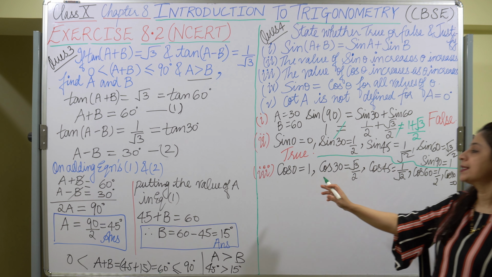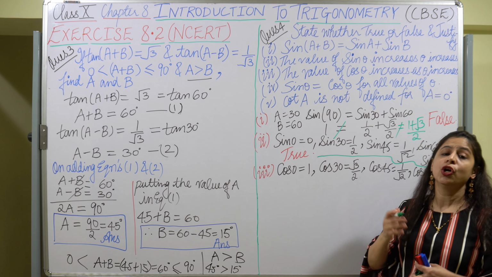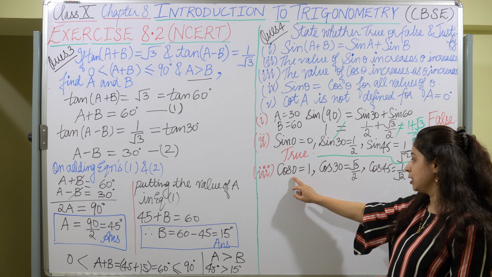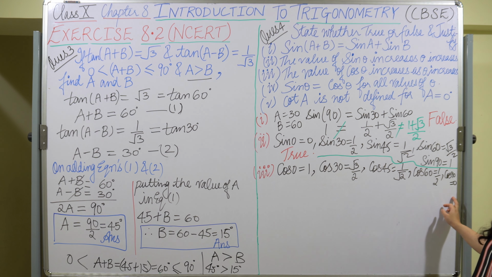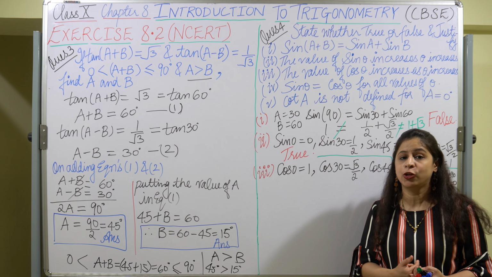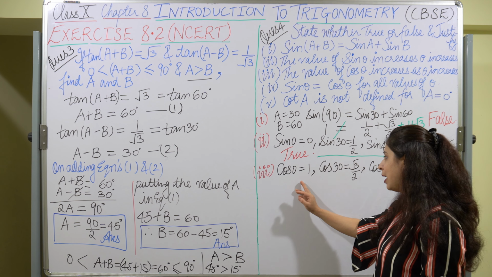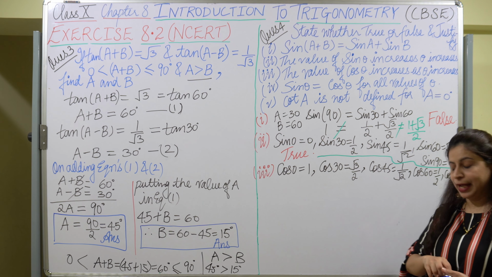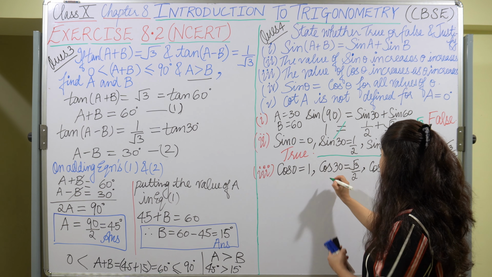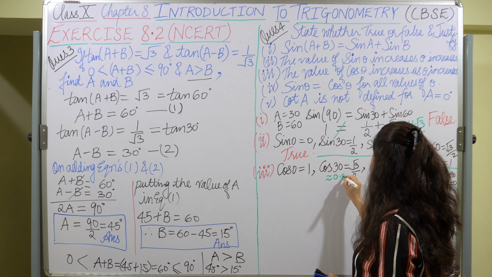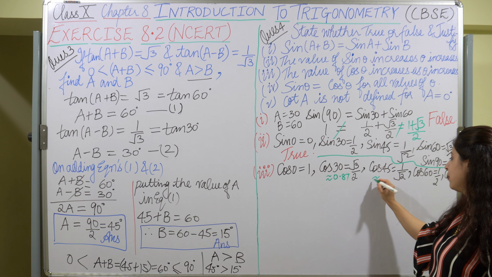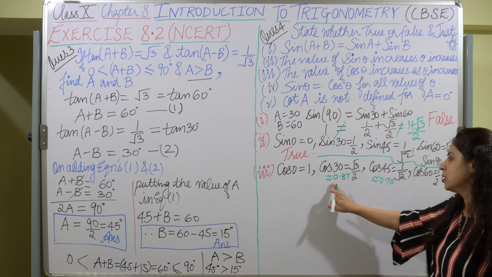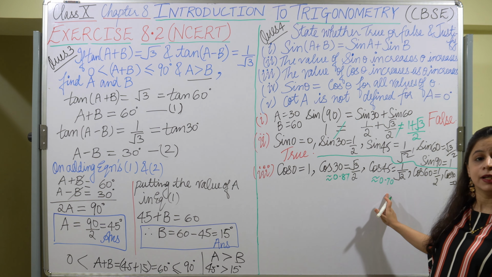So we can clearly see as the theta is increasing, cos theta is decreasing. Theta is increasing 0, 30, 45, 60, 90, but cos theta value is decreasing because cos 0 is 1, cos 30 is root 3 by 2, that is nearly equal to 0.87. Cos 45 is nearly equal to 0.70. So again decreasing, 0.8 to 0.7.